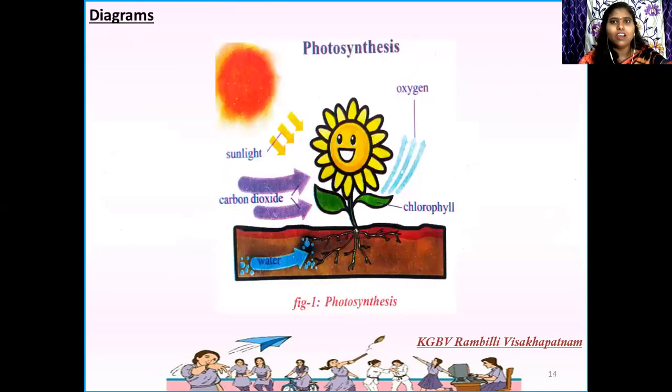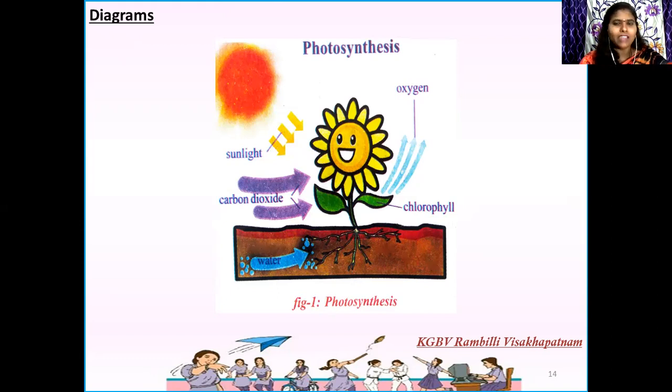Next one, now we are going to discuss the important diagrammatic representations, the diagrams we learned from the first lesson, nutrition. If you observe this one, photosynthesis, 4 factors are seen here: sunlight, carbon dioxide, water, and chlorophyll, which is present in the leaves.